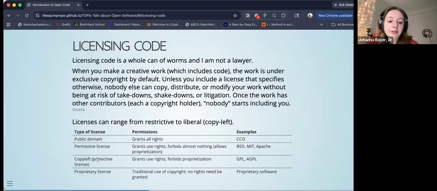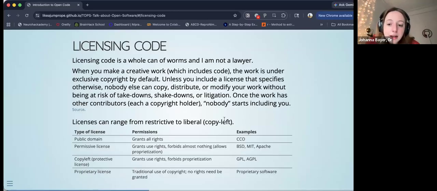And there's copyleft, which grants use rights but forbids proprietization. It means that you put the code out there, but it needs to stay open. You can do anything with it, but you cannot make it closed. And then there are traditional licenses, for example your MATLAB license, where you need to buy access.